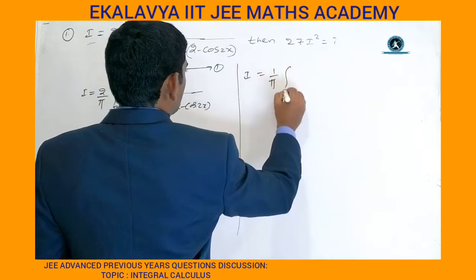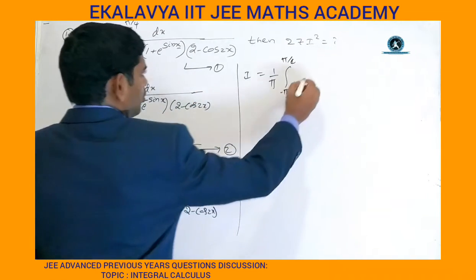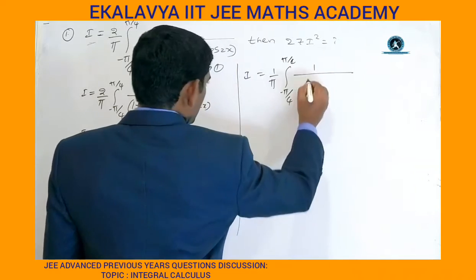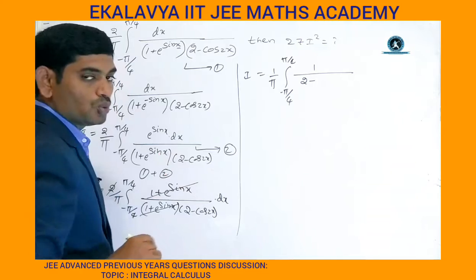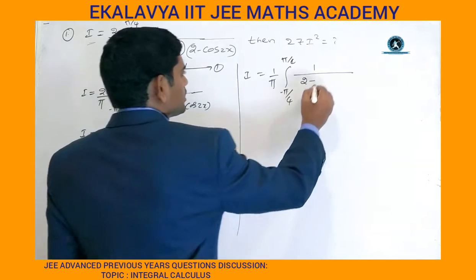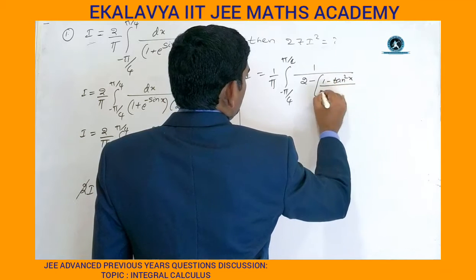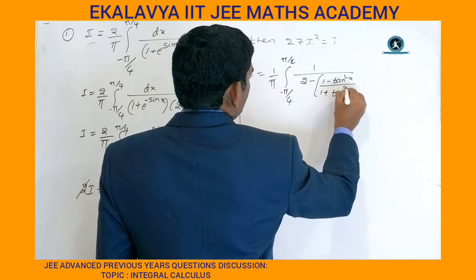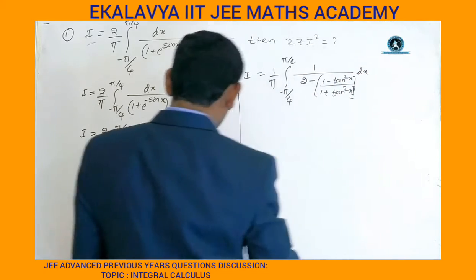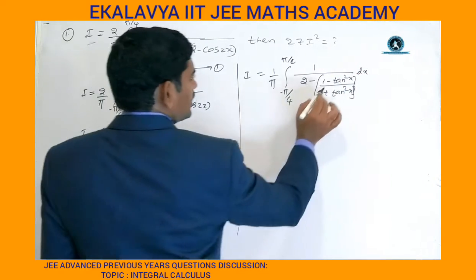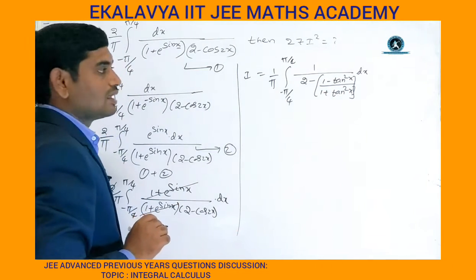1 by pi, integration of minus pi by 4 to pi by 4, of 1 divided by 2 minus cos 2x. This cos 2x we can also write as 1 minus tan square x upon 1 plus tan square x.